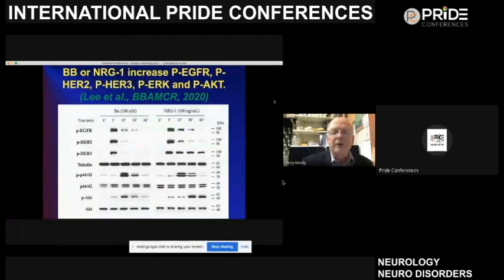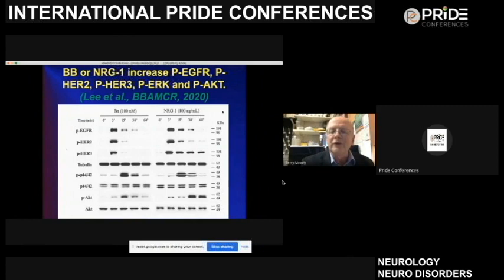HER3 can also be tyrosine phosphorylated by things like peptides. And we see that when we add 100 nanomolar, all of a sudden we get phosphorylated EGF receptor, HER2, HER3 in 3 minutes. Subsequently, downstream, we get phosphorylation of the ERK and the AKT. The ERK is essential for cancer cellular growth, phosphorylated AKT, cancer cellular survival.